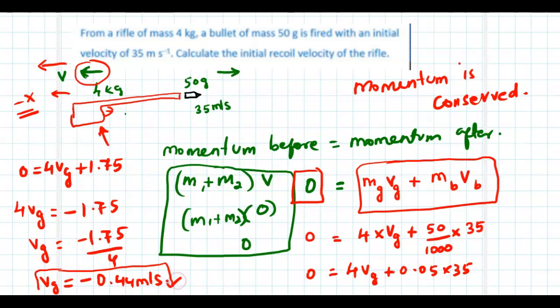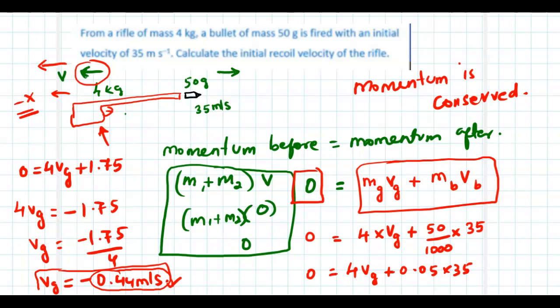The recoil velocity must be less because the mass of the gun is more. Otherwise, our shoulder will get hurt if it is a higher velocity. That's why we increase the mass of the gun to reduce the recoil velocity.